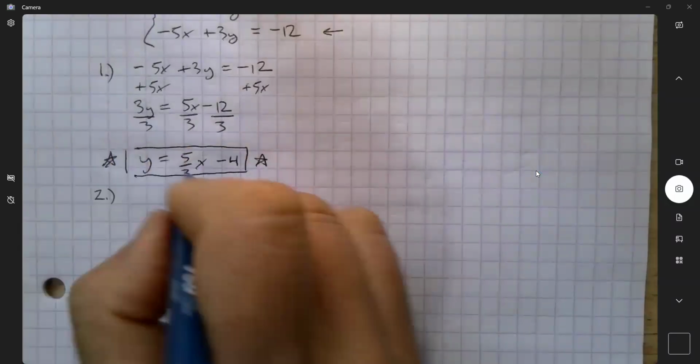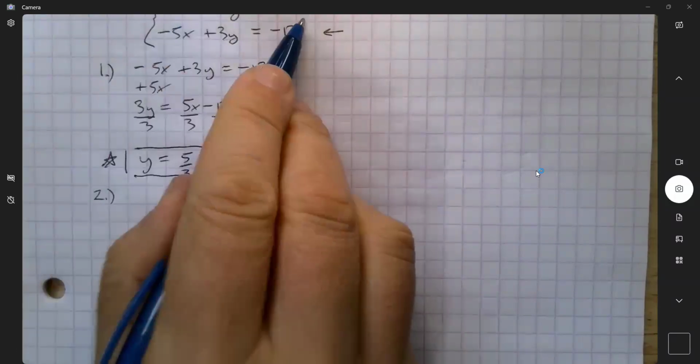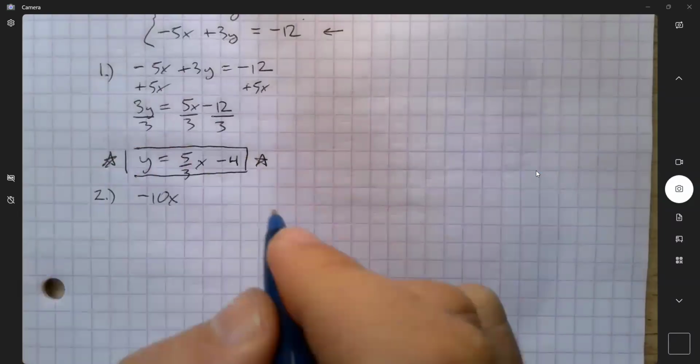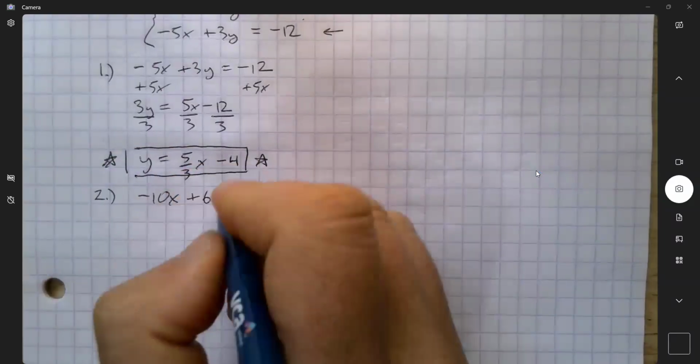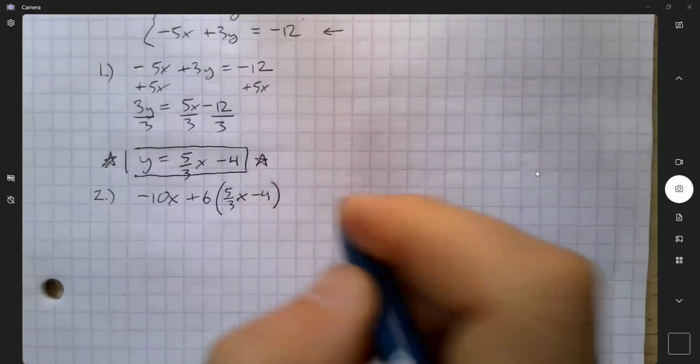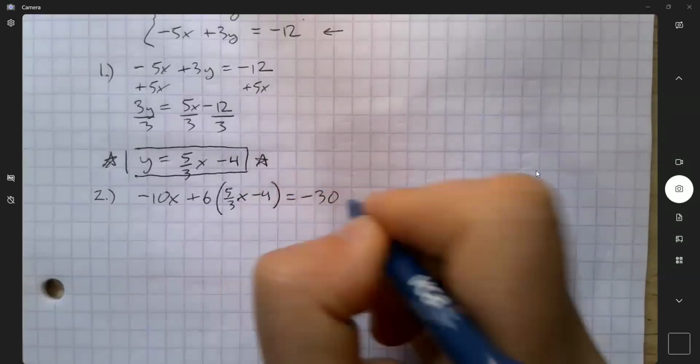Step 2 is to use that start equation in the other equation. So minus 10x plus 6, and y is now 5/3 x minus 4. And that should equal negative 30.